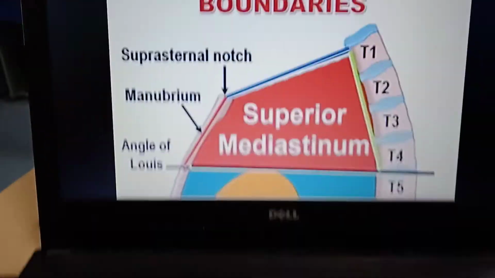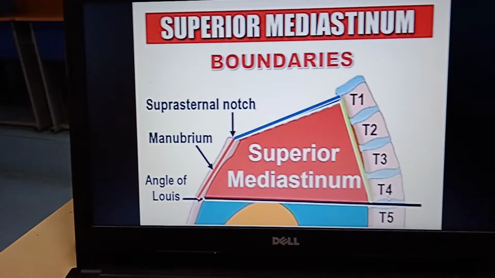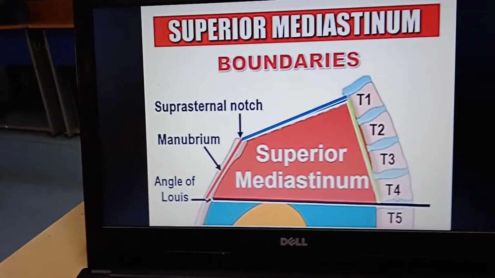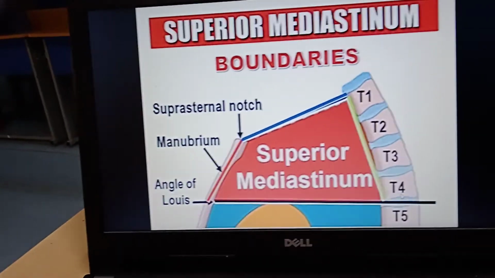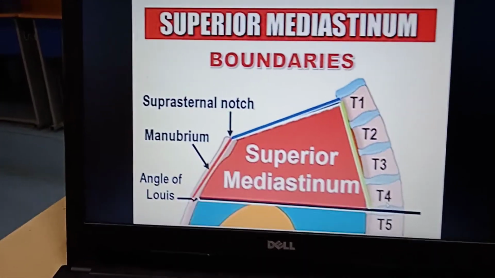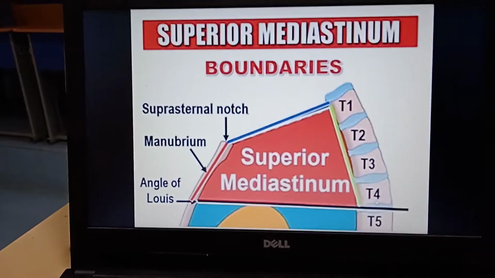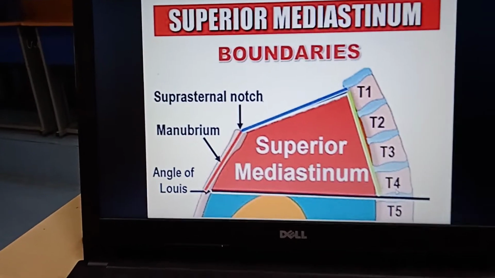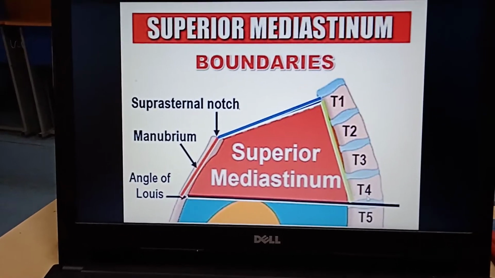Now come to the superior mediastinum. Its boundary: anteriorly the body of the sternum and manubrium sterni, posteriorly the upper four thoracic vertebrae, superiorly the thoracic inlet, inferiorly an imaginary line traversing from the angle of Louis or sternal angle posteriorly up to the lower border of the T4 vertebra.